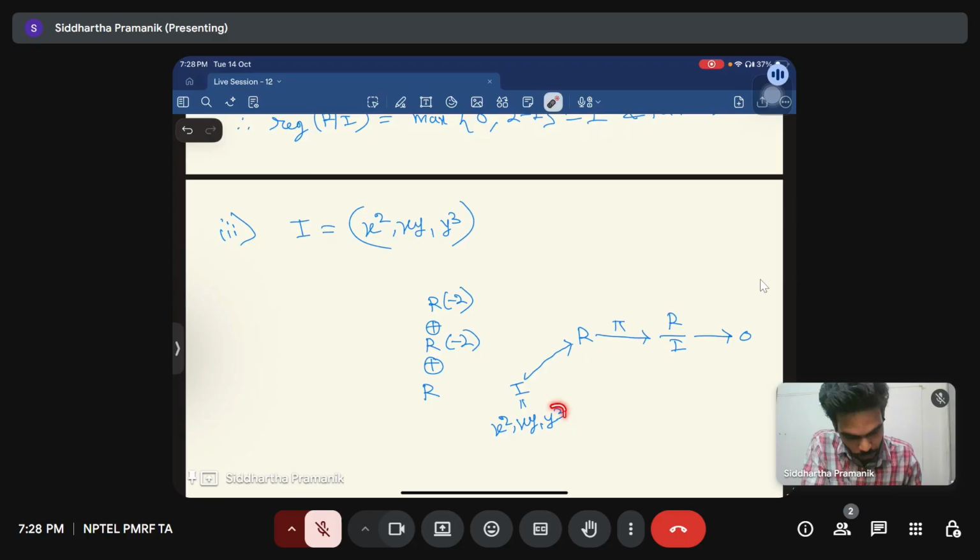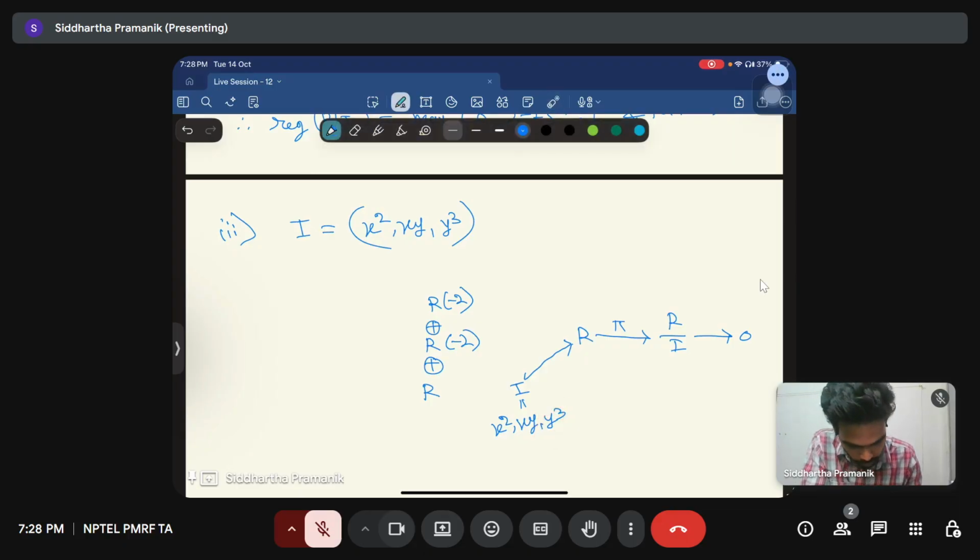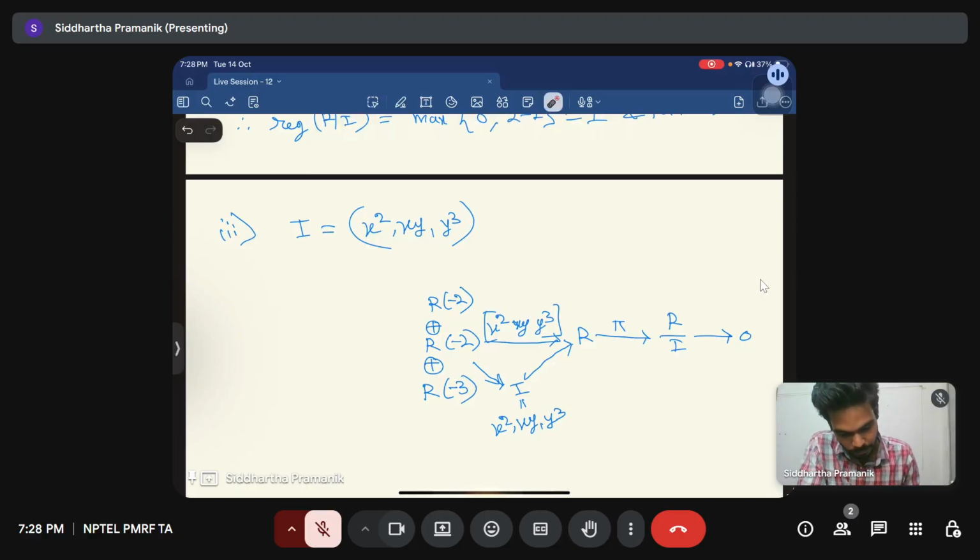Degree of y cube is 3. So we need to shift it by 3. So we will just take the surjection and take the composition. So this is x square, xy, y cube. Now we need to find the kernel of this map.